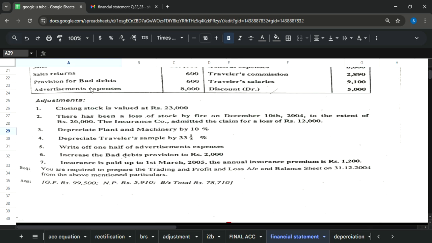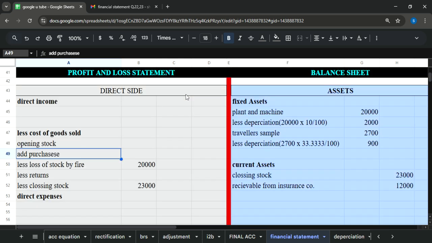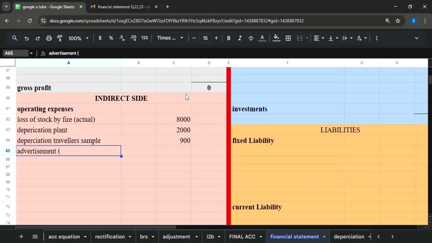Look, we have got advertisement expenses of 8,000. So just mention 8,000, but it is said to take only 1/2. So these would be the written off advertisement expenses. 4,000 would be written over here.